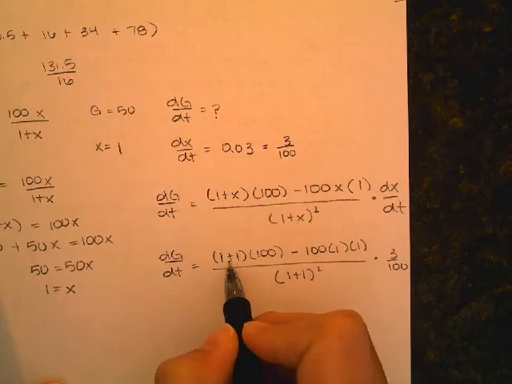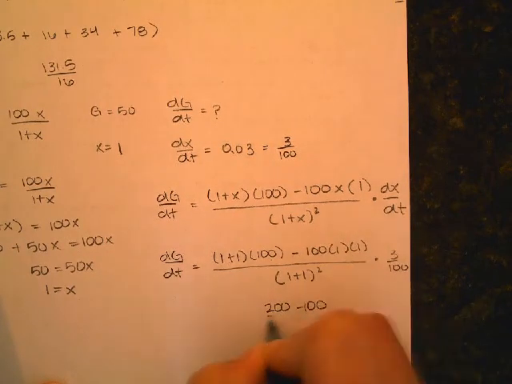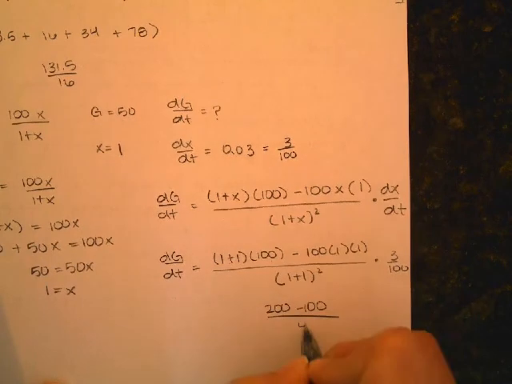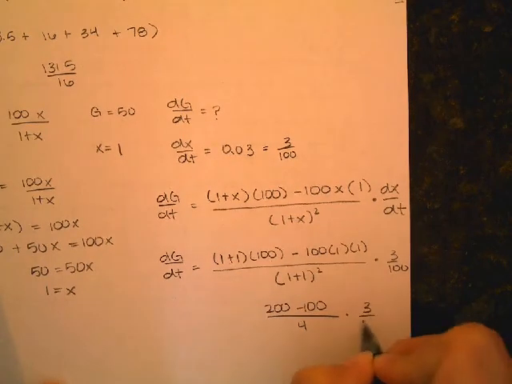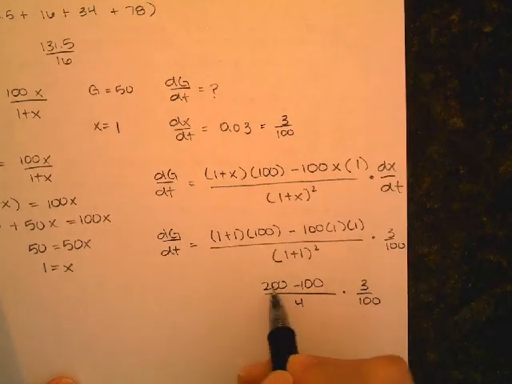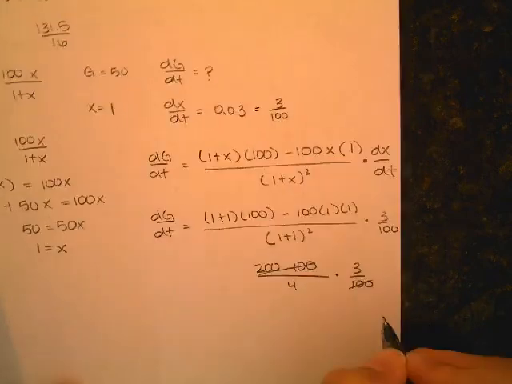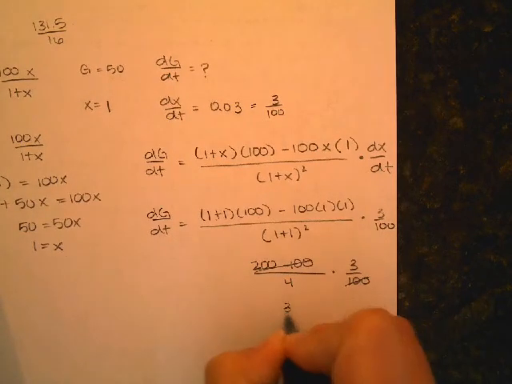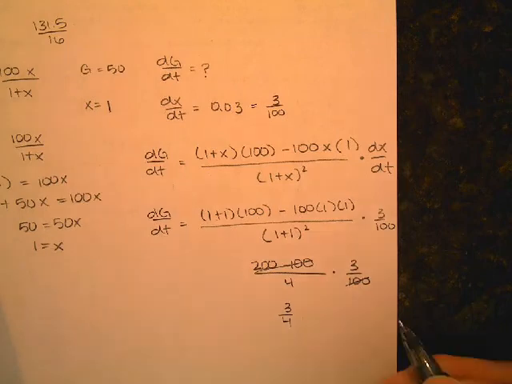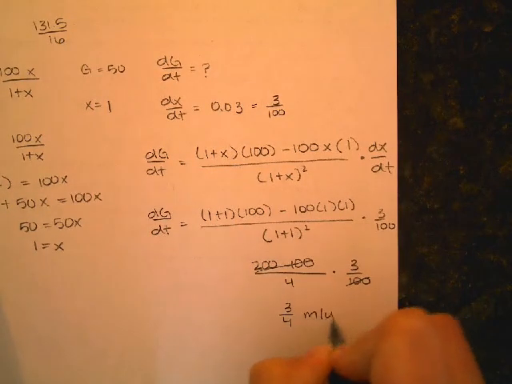So I've got 2 times 100 is 200, so 200 minus 100 over 2 squared is 4. 200 minus 100 is just 100. This 100 and this 100 cancel, and we just get 3/4. And then the growth was the height of the tree, and so the units there would be meters per year. I can't remember if you needed that or not, but there it is if you did.